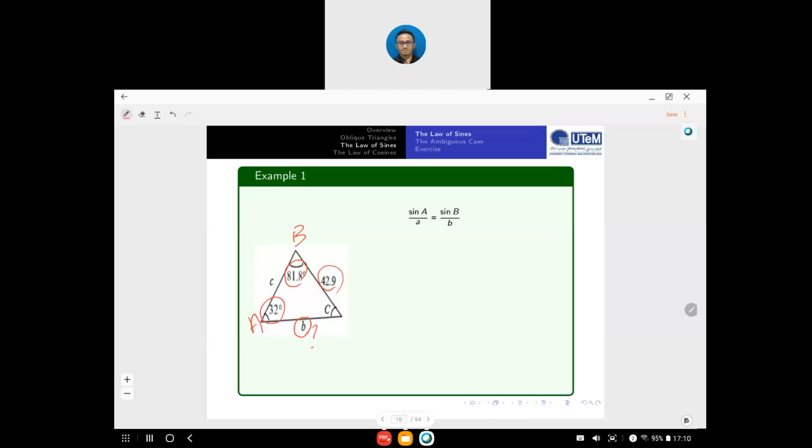So sine 32 over 42.9, the opposite side, equals sine 81.8 degrees over b, opposite this angle. Then you can get b.